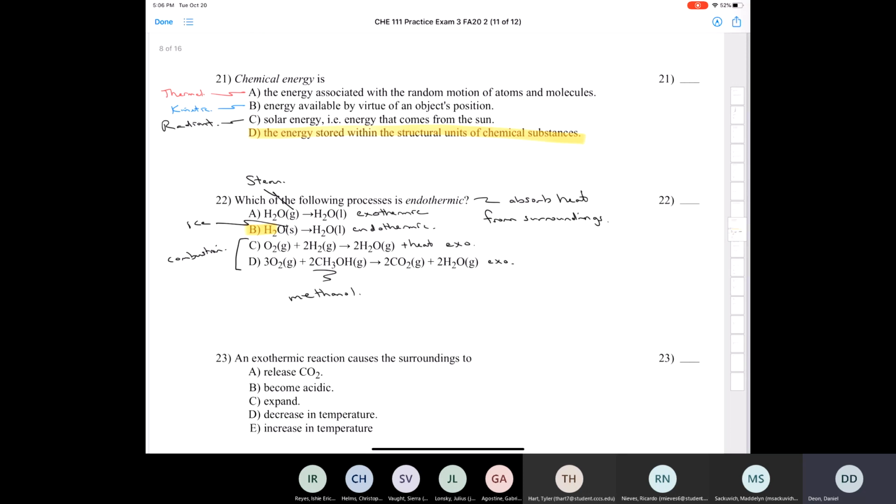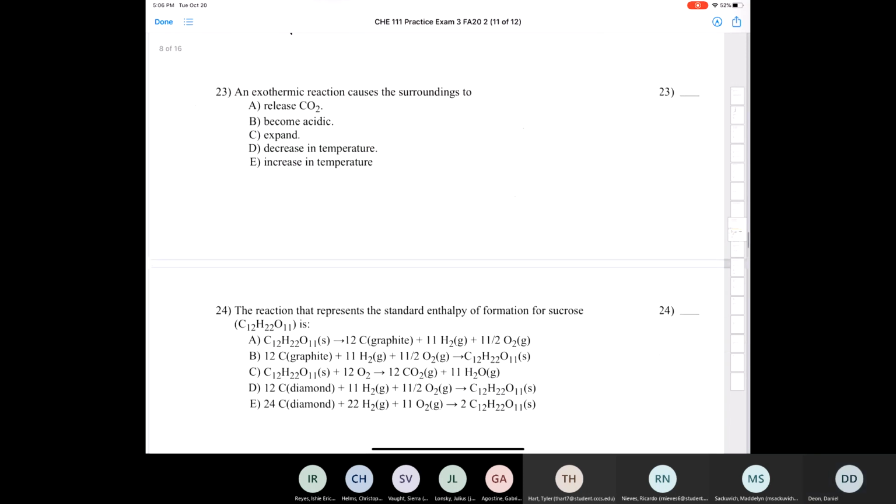Okay, let's move on to question 23. It says, an exothermic reaction causes the surroundings to release carbon dioxide, become acidic, expand, decrease, or increase in temperature. And you probably know already that the answer has something to do with temperature. And when we think about an exothermic reaction, heat goes from the system, right, and it goes into the surroundings.